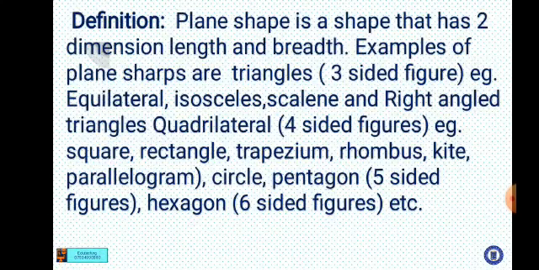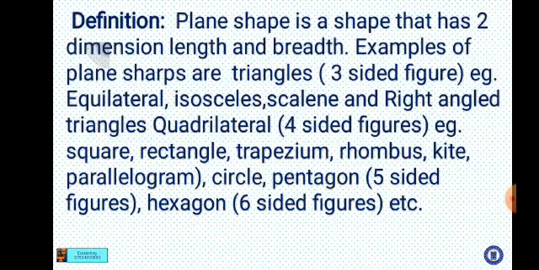The second one is quadrilateral, that is four-sided figures. Examples are square, rectangle, trapezium, rhombus, kite, parallelogram, and so on.